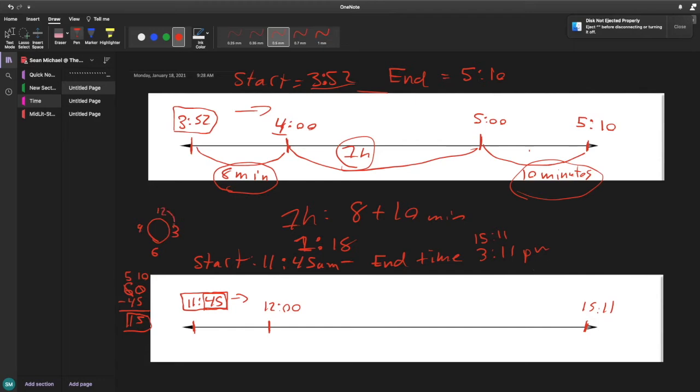And so this is the first quarter, this is the second quarter, this is the third quarter, and this is the fourth quarter, right? And so this one is 15 minutes, this one is 30 minutes, and this one is 45 minutes, and this is 60/0, right? Because it resets.